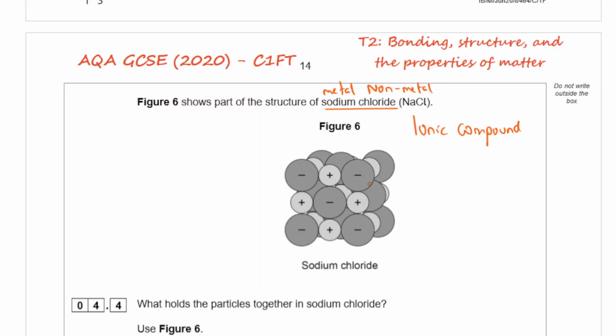And it's this Cl minus is the chlorine, and the Na plus is the positive charge, the sodium. So the positive charge is the Na plus ion, and the minus ion is the chloride ion. And what you're seeing is actually a giant lattice structure, right?